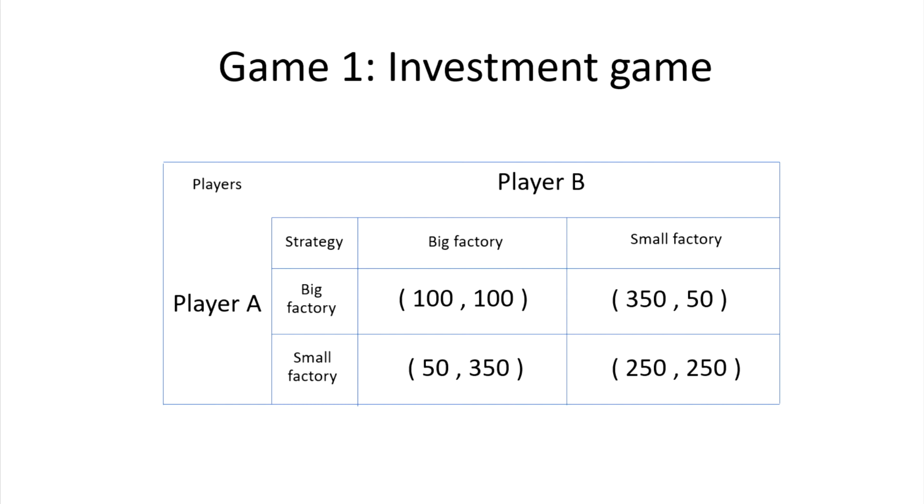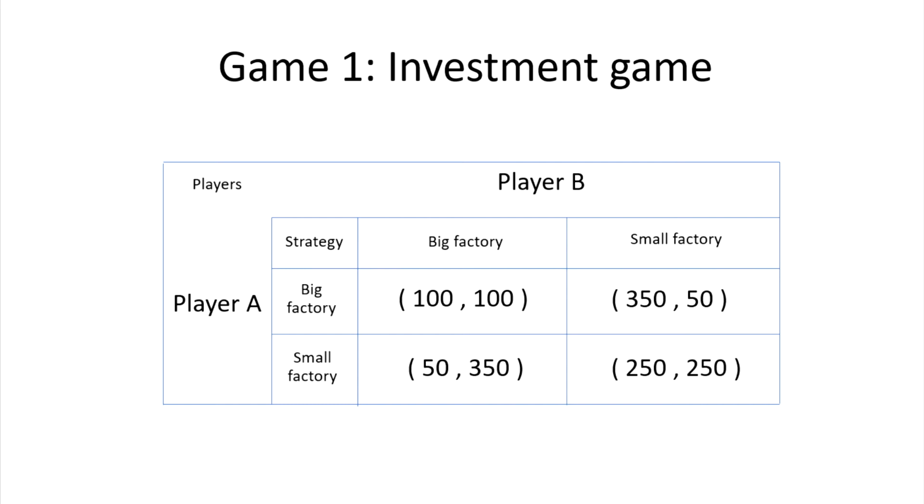Therefore, the price will be high. And the profit of player A and player B will be high as well. Therefore, if we look at this game, player A and player B must choose small factories. But what would happen in the game, we will see next.